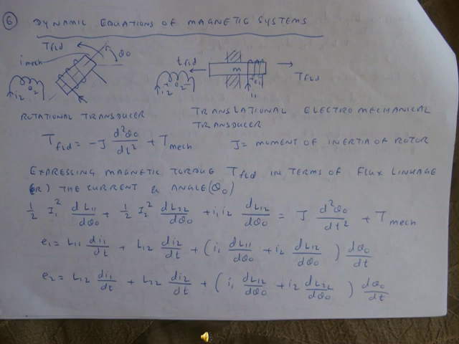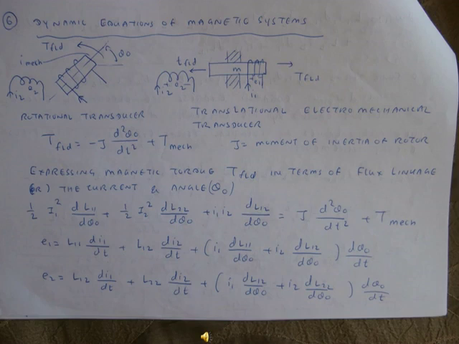In this case, TFLD is the field electromagnetic torque, d2 theta 0 by dt square is the angular acceleration, J is the moment of inertia of the rotor, and T mechanical means the mechanical rotational torque. So this is the expression of magnetic torque in terms of the flux linkage or the current and the angle theta 0.